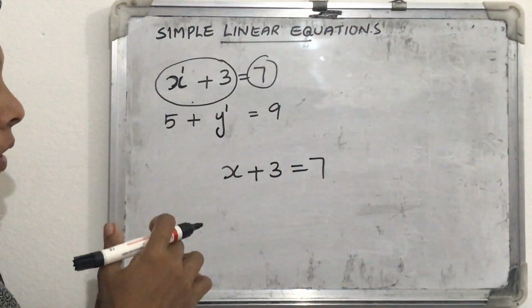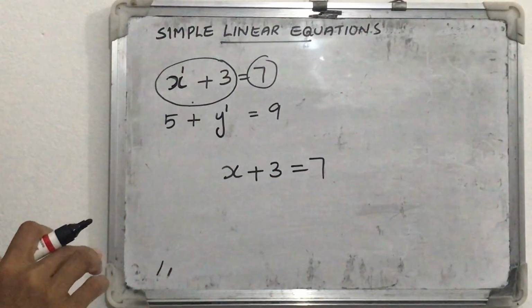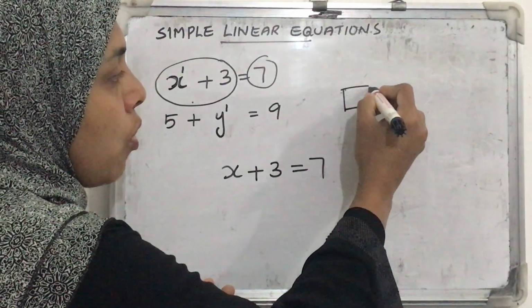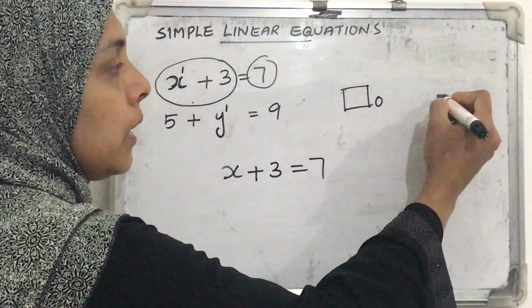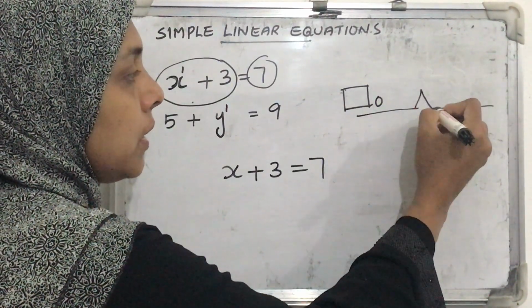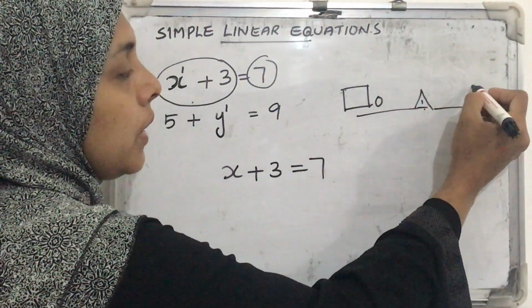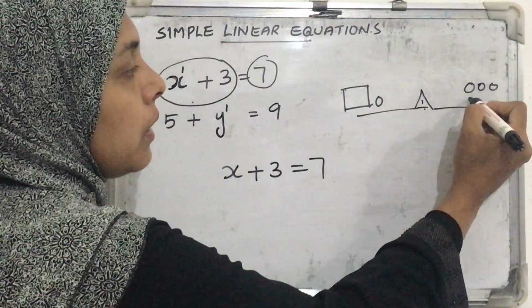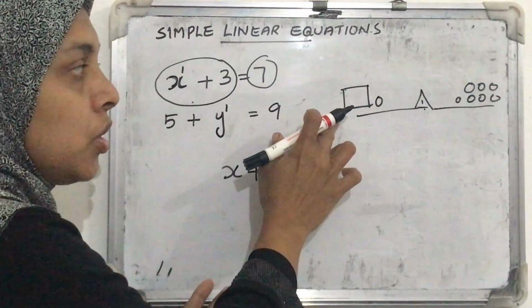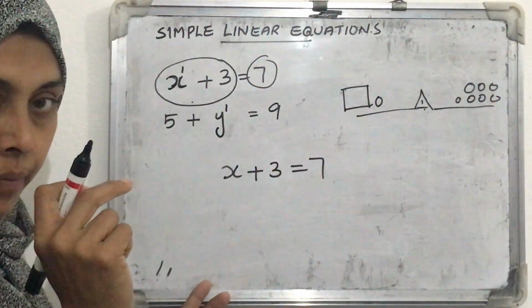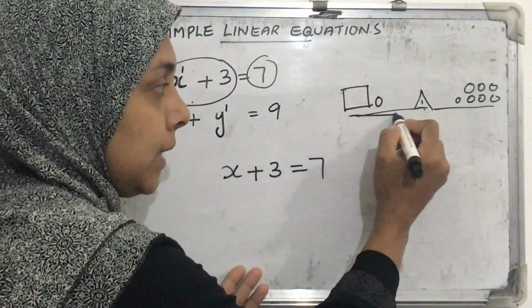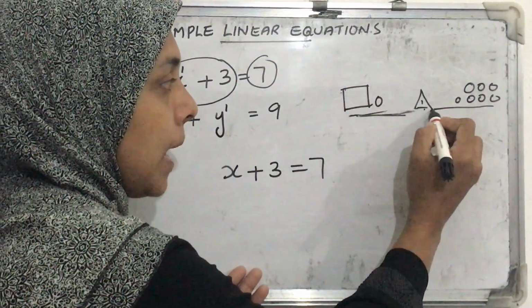Consider a weighing balance: on one side we put a box and one bead, and on the other side 7 beads. Both are equal, and now it is balancing.